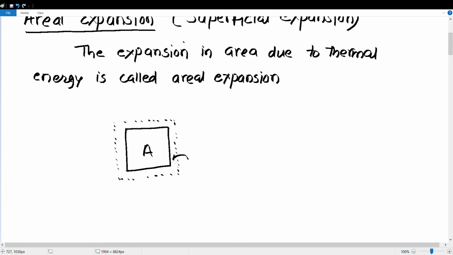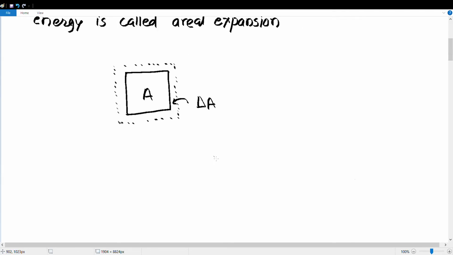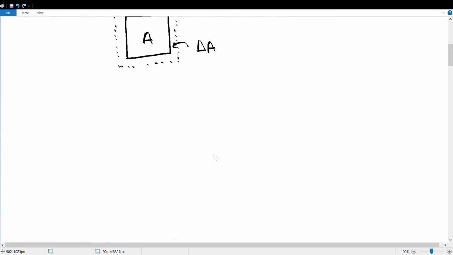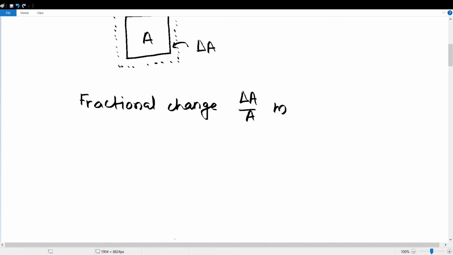So this much is the increase in area, del A. A is the original area. This del A by A is the fractional change in area A.